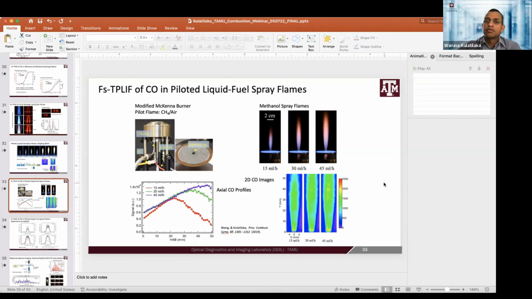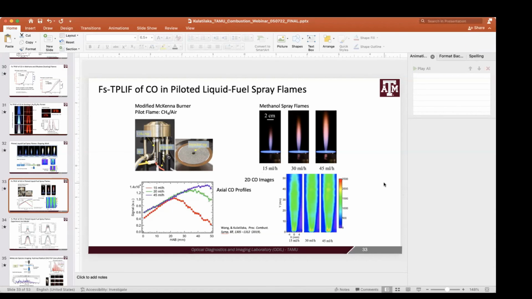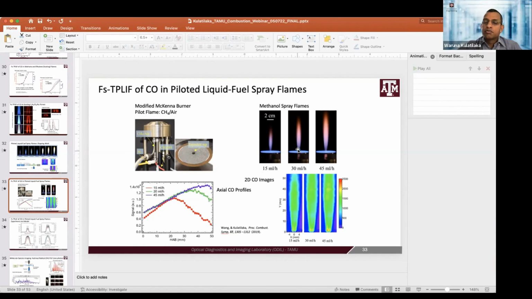No. So the pilot is essential, but you feel the pilot is not interacting with the flame. It's essential for stabilizing the flame, but not necessarily affecting the radical species. Is that sort of the hypothesis? It does maybe at the beginning, because it acts as a flame holder, right? It generates radical pools, so the flame can stabilize. So it'll affect the ignition and flame holding on the bottom part of the flame.